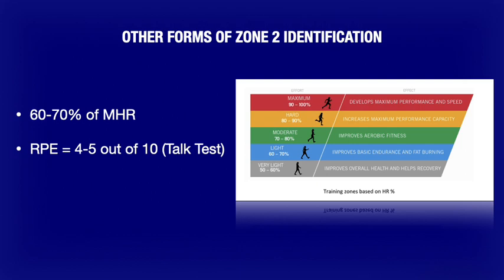Think of it as the ability to speak 10 to 15 words in a sentence while exercising without an urge to take a breath. This potentially is a stronger indicator than generic heart rate formulas.